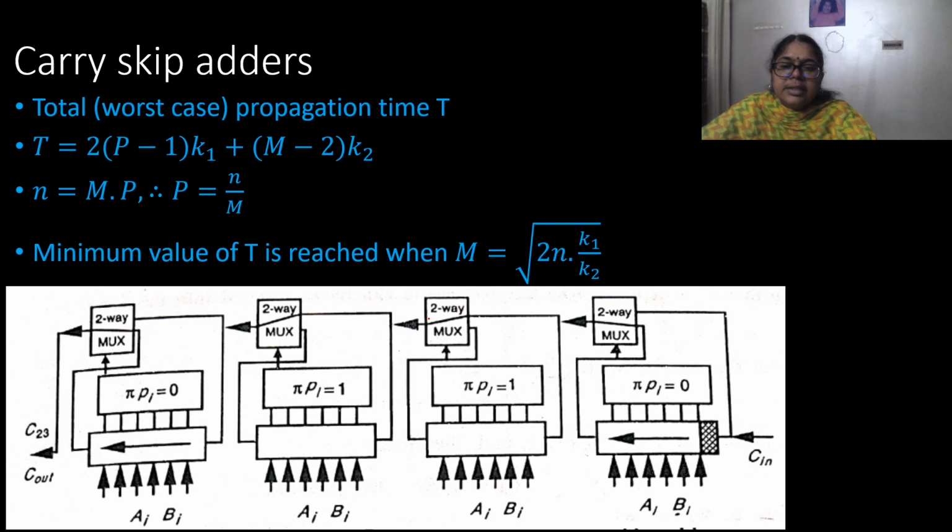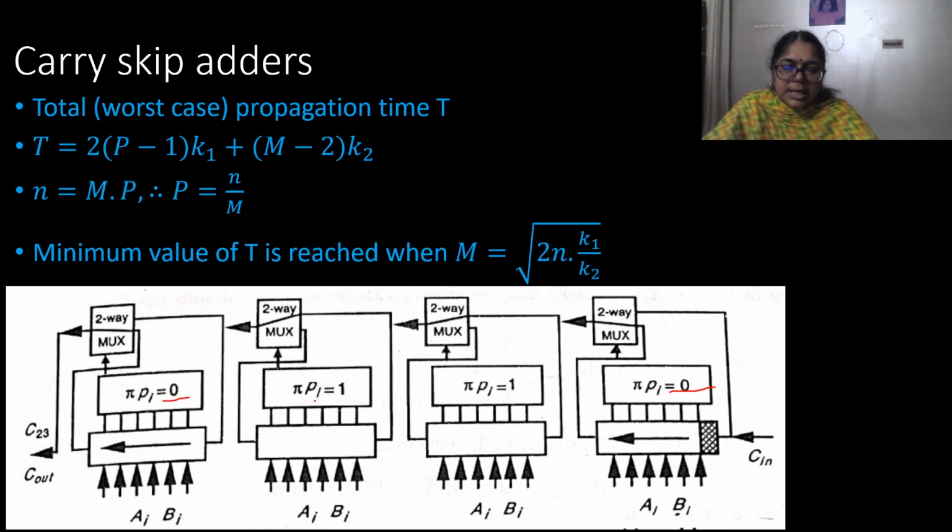Thus, the worst case delay, that is the worst case propagation time, T, is given by T is equal to (2P minus 1) into K1 plus (M minus 2) into K2. How is that obtained? The worst case delay occurs when the 24-bit adder circuitry, which I explained previously, generates the block propagation signal as 0 for the first block and the last block.